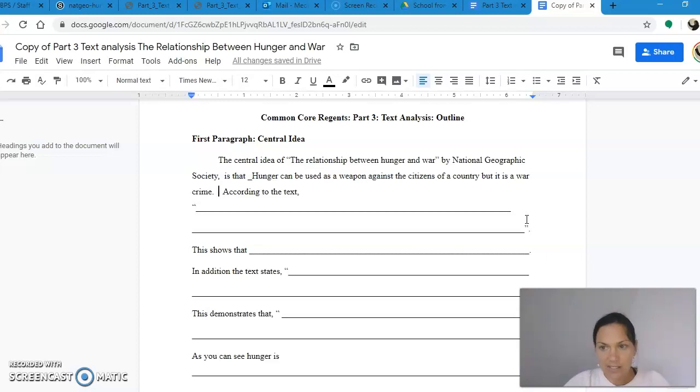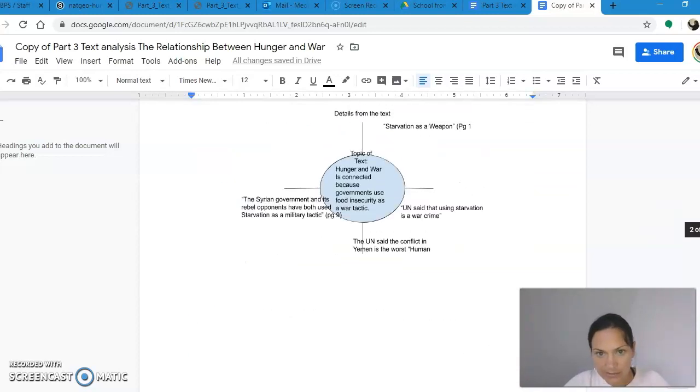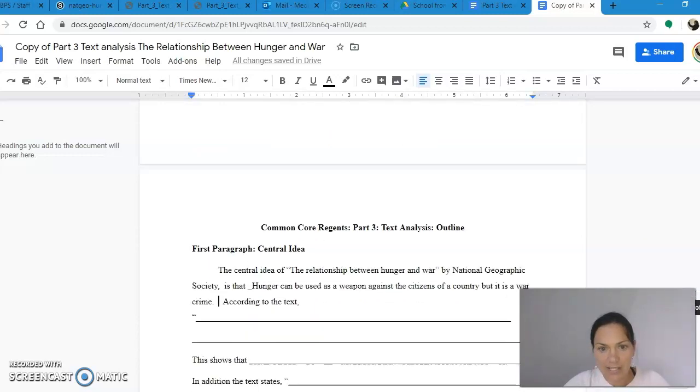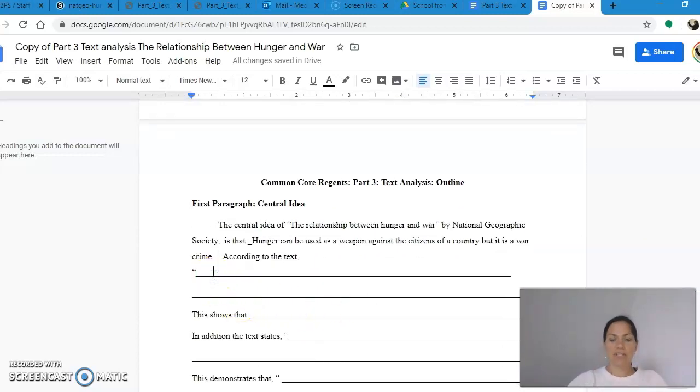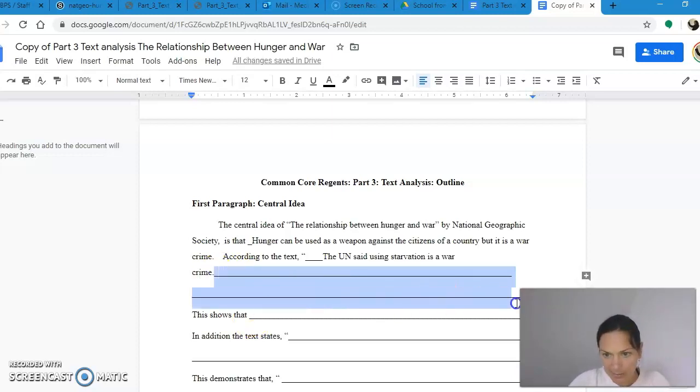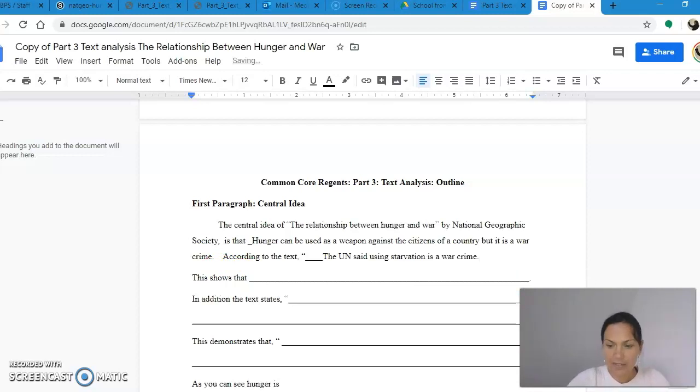According to the text, now this is where we go back to our details. I'm going to say, according to the text, the UN said using starvation is a war crime. Now, this is where we have to explain, well, why is that important?